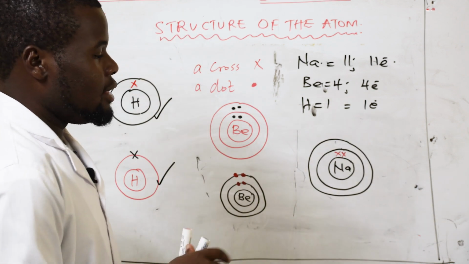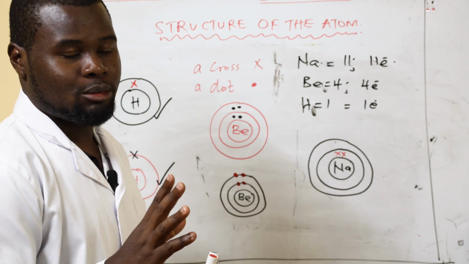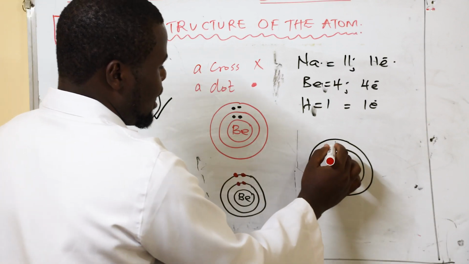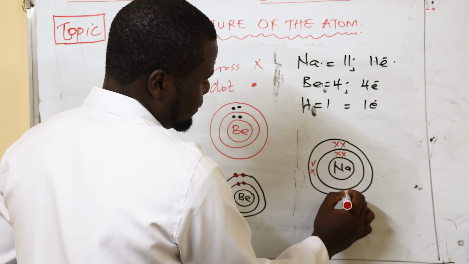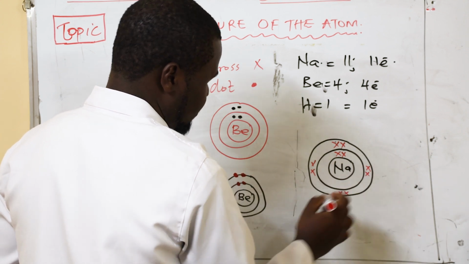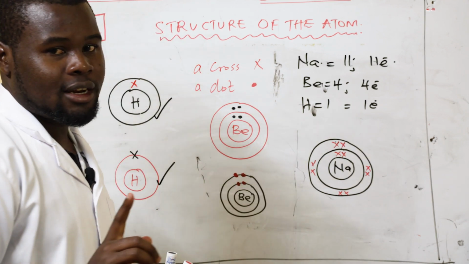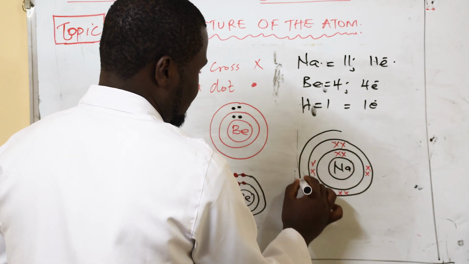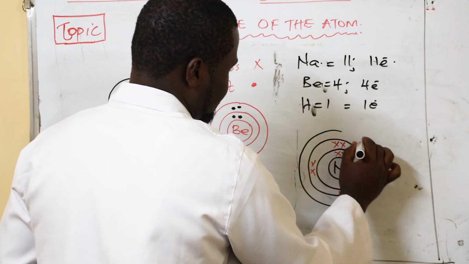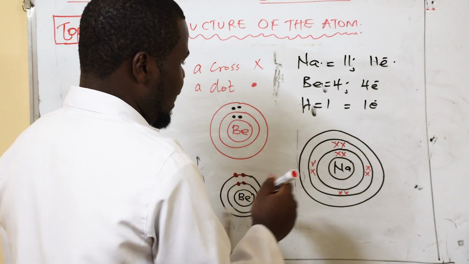Now out of 9, the second energy level can accumulate a maximum of 8 electrons. I'll draw the 8 here. And lastly, have the last energy level with 1 electron.